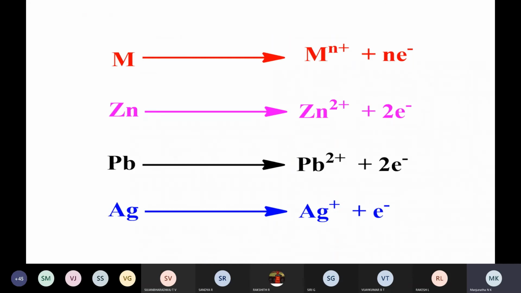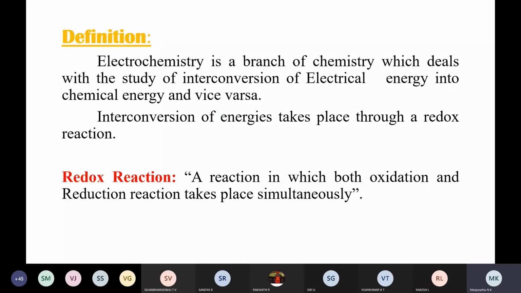It's clear, these two, oxidation and reduction reactions. In electrochemistry, we are going to study only one thing, that is the interconversion of energies. Here we observe two types of interconversion of energies: electrical energy into chemical energy, or chemical energy into electrical energy, and both types of interconversion take place through a redox reaction only.